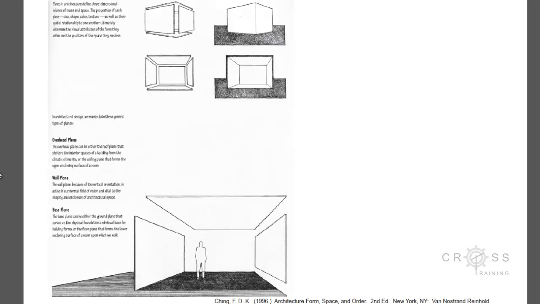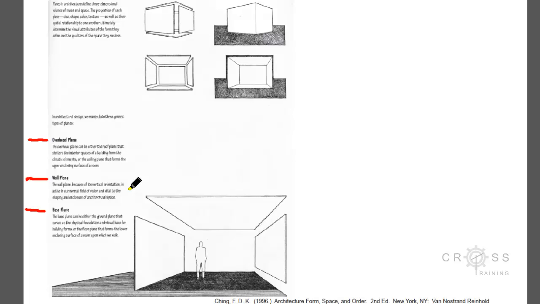And as I've kind of implied before, if we begin to connect all of these lines together, we begin to form planes, which now helps us build three-dimensional space. We have an overhead plane, we have walls, and we have a base plane. Now we're not exactly architects. Well, we are, but we're not the traditional kind where we go out and we build buildings and such.